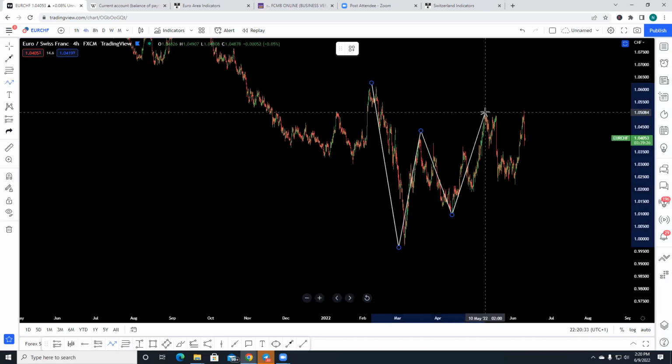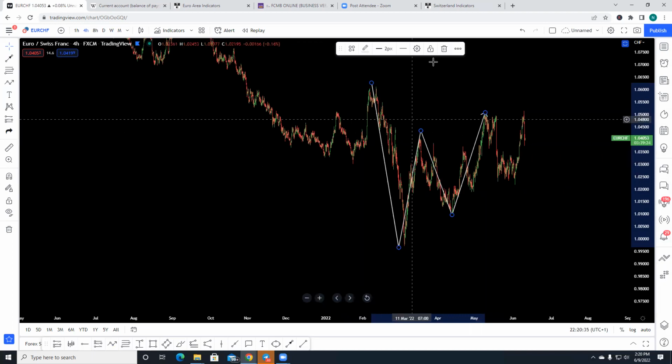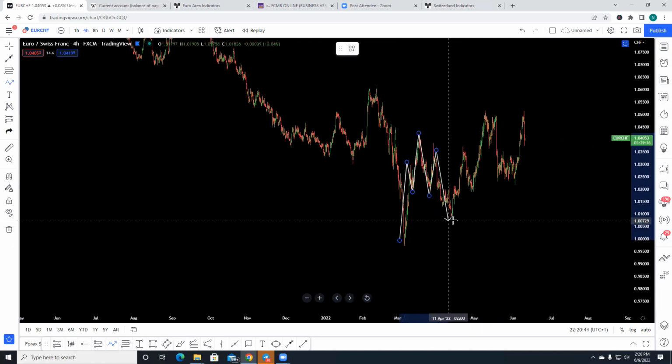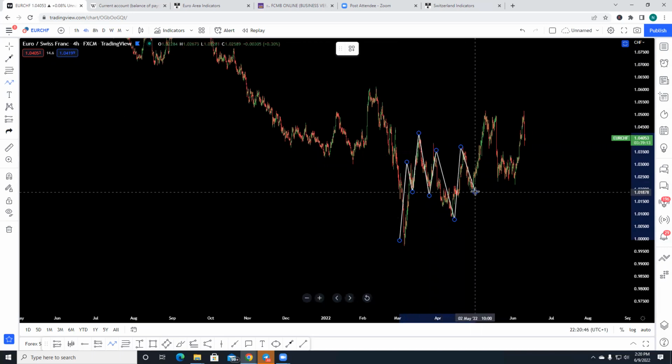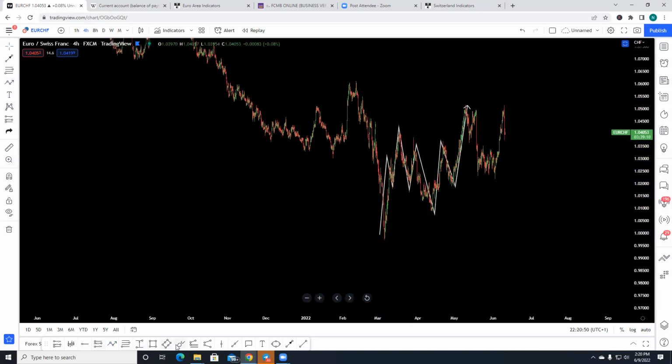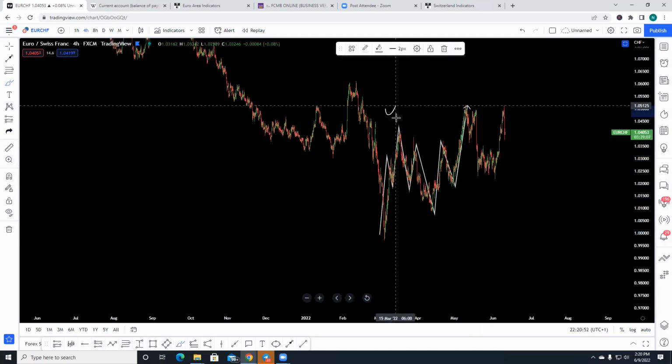Then we gladly call this move WXY. This is 1, 2, and 3. This is 1, 2, and 3. This is 1, 2, and 3. This is a WXY structure, guys.